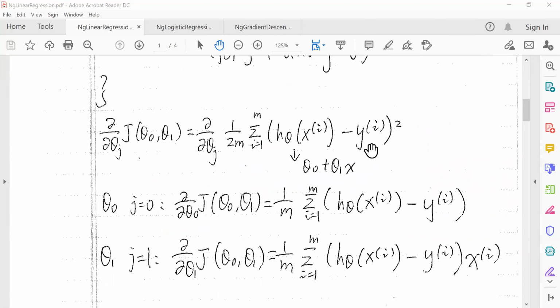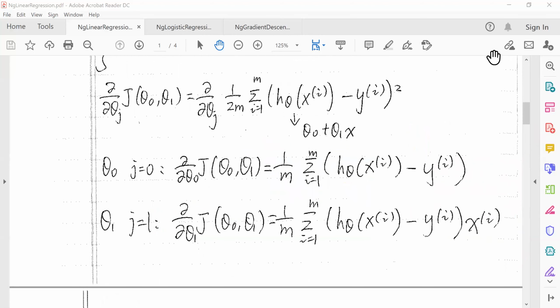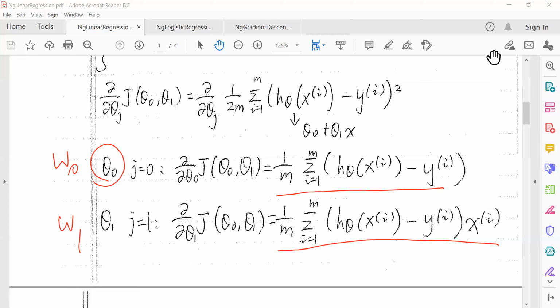We take a derivative of that cost function, and basically from math you can find the solution. Regarding weight, this is basically our previous W0, W1. This is our y hat for sample i, the calculated value.